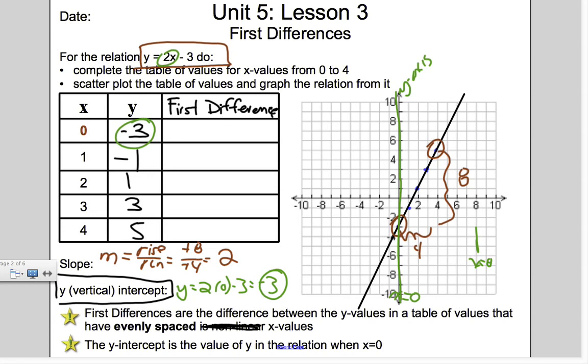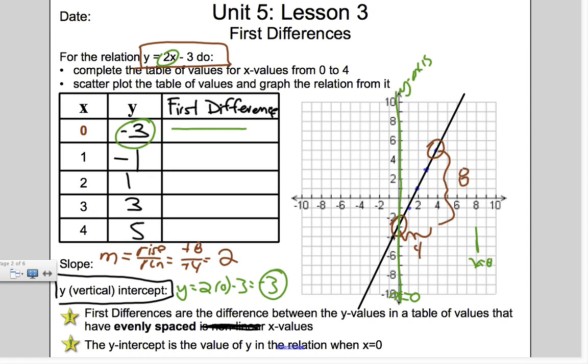Okay, so we did an example with the y-intercept. Well, let's do an example of the first differences. So the first difference on this first column is nothing. We don't have a first difference there.